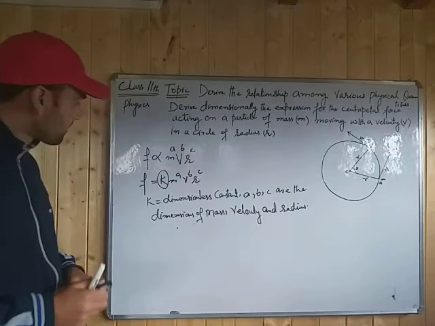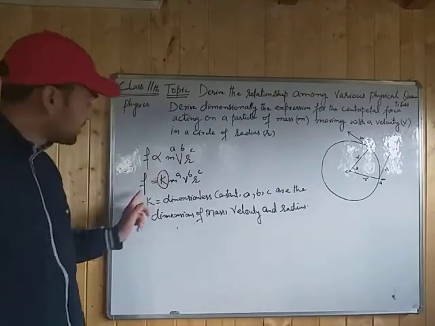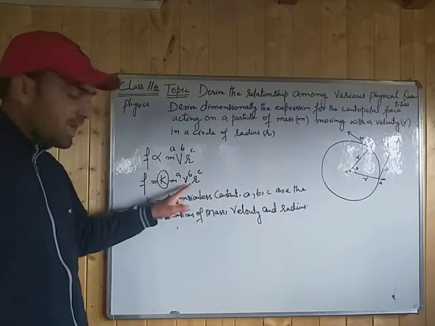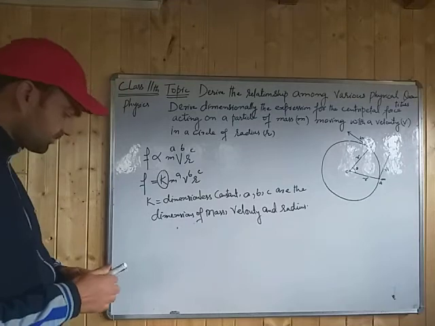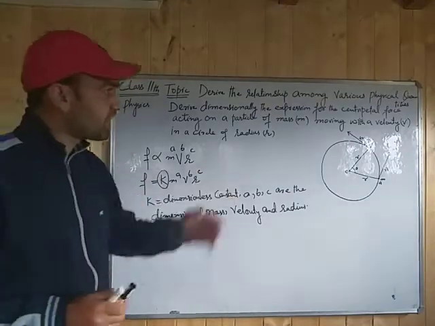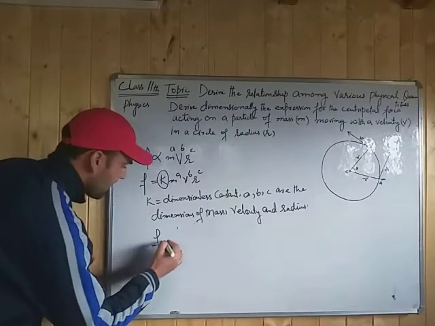Now first of all, we will write the dimension formula of each physical quantity involved in this physical relation. Here we have force, mass, velocity and radius. We have already derived these dimensional formulas, so we'll directly write them.